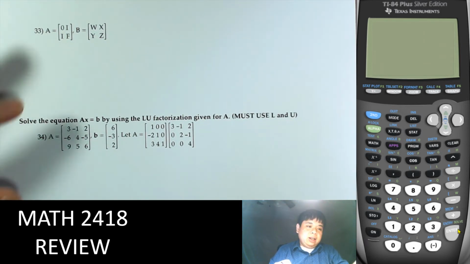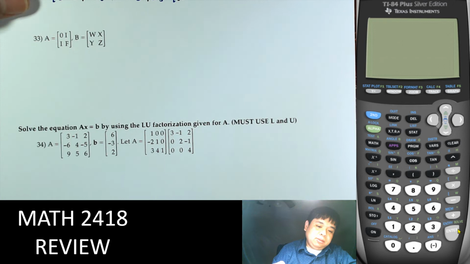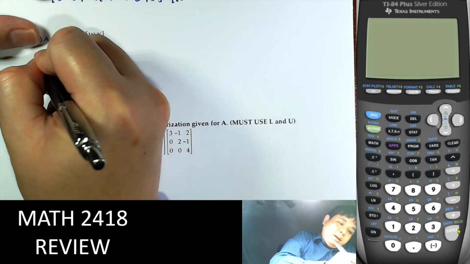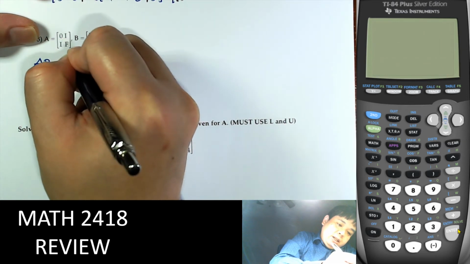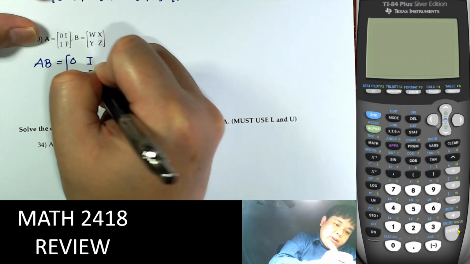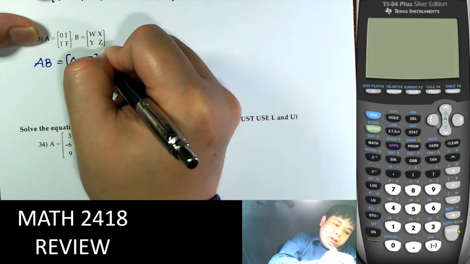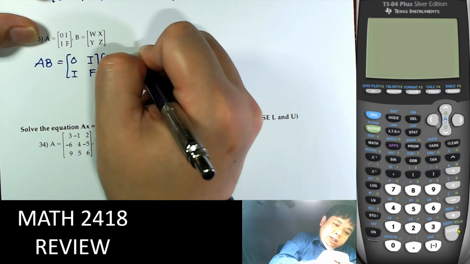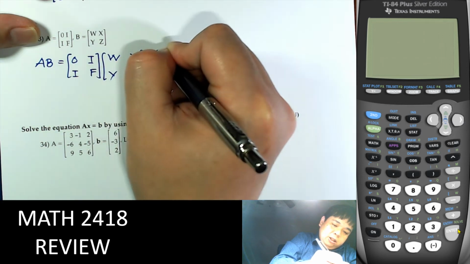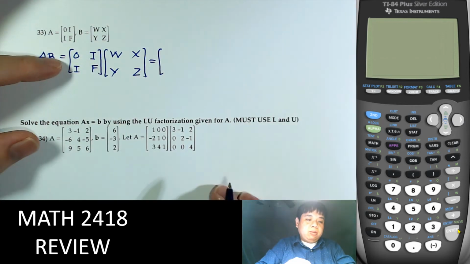Right. So next, we have this block. A times B is 0, I, F times W, X, Y, Z. Right, so row times column.